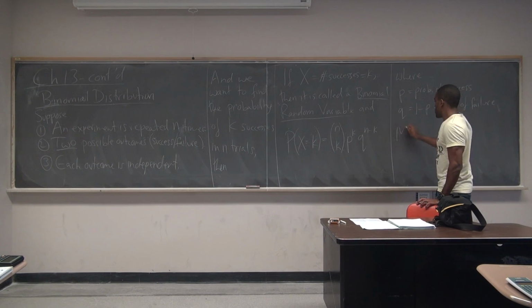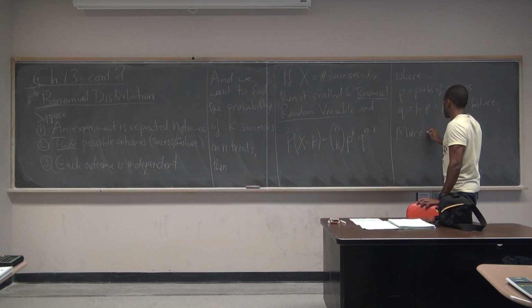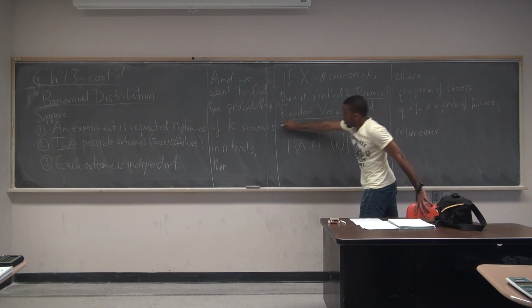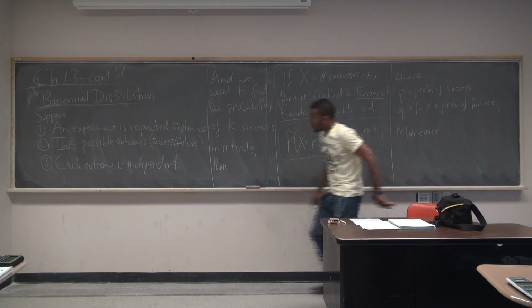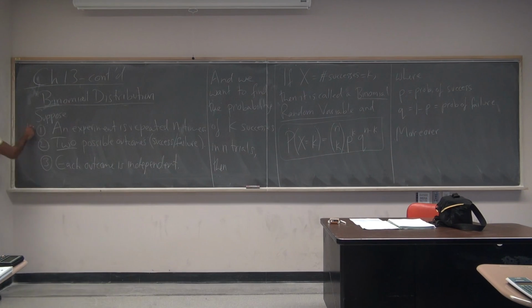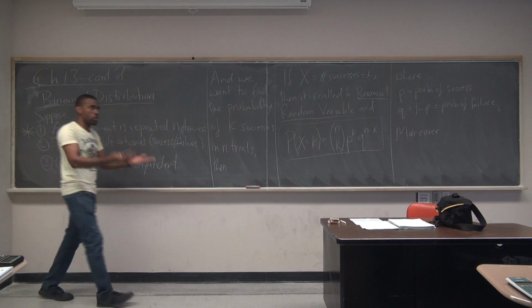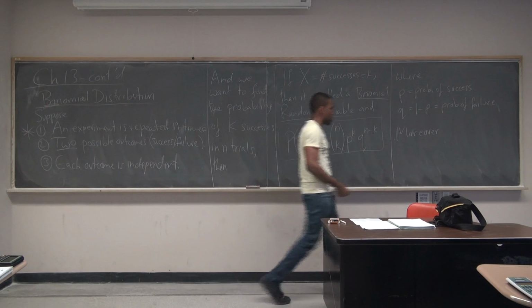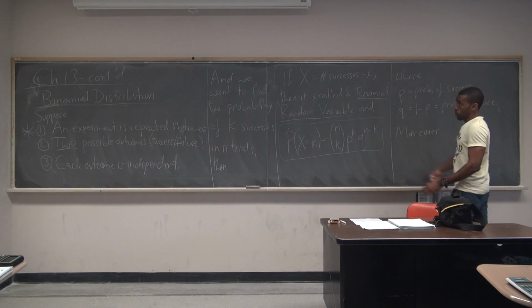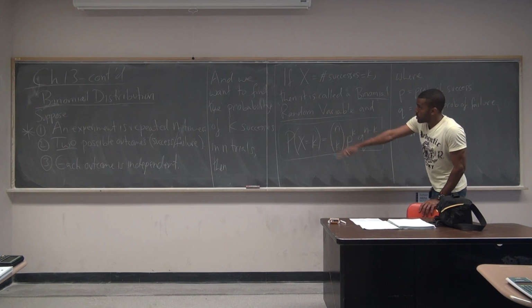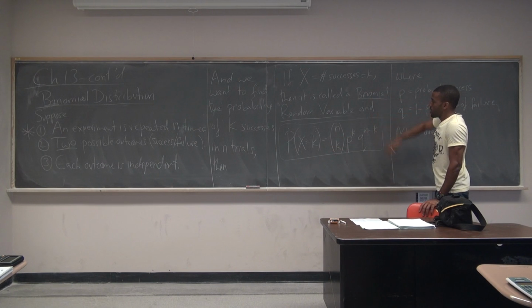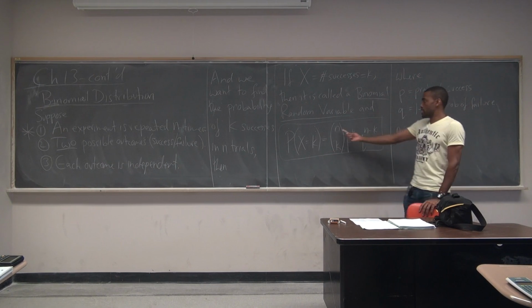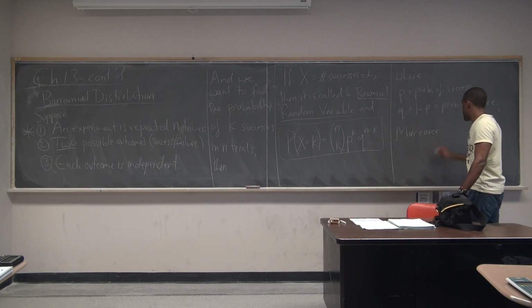And moreover, there are two other pieces of information that you need to know. So you need to know when something is binomial. You need to remember when these situations are fulfilled, because like I said, we're not going to tell you it's binomial. We're just going to give you a word problem, and you have to read it and figure out that it is binomial. Once you figure out that those three things are fulfilled, you know it's binomial. This will be the formula to get it. These are what the pieces in the formula mean. n is how many times you're doing the experiment.